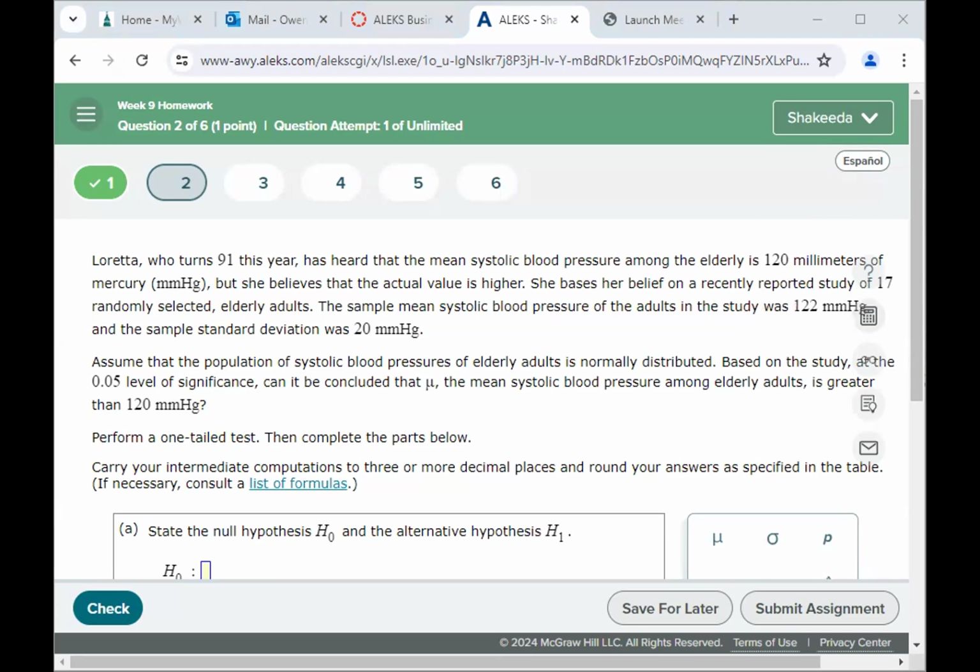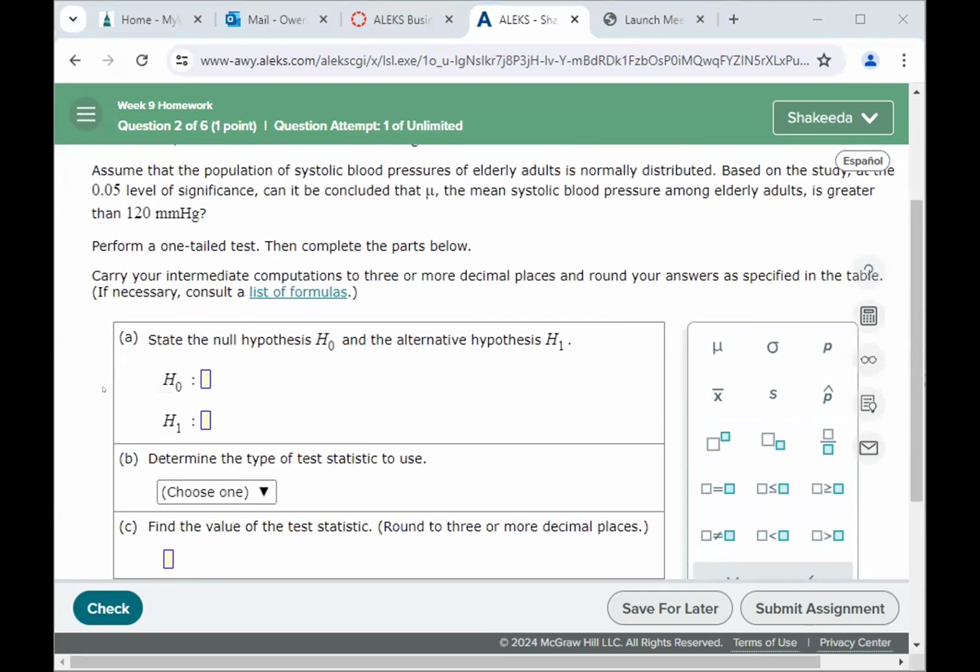Standard deviation, so this is going to be 20. Okay, so that's what I got. So I had mu is equal to 120, and mu is greater than 120.